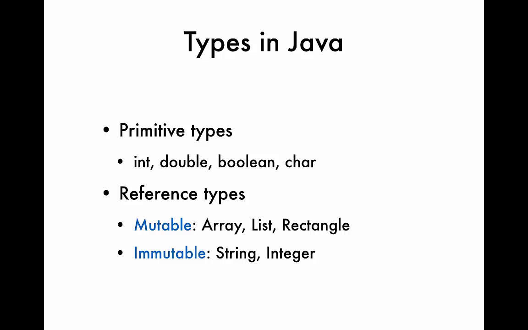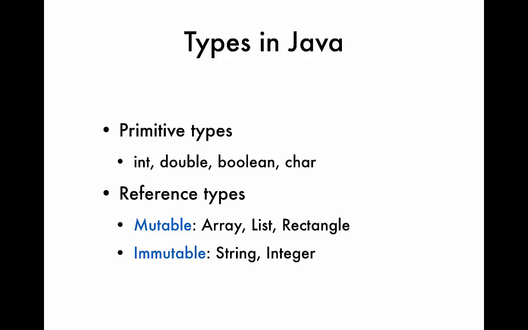That is, they can't be modified once they have been created. The object values will stay the same for as long as that object exists. For example, the string type is immutable. Once a string object has been created, the string will not change its value.